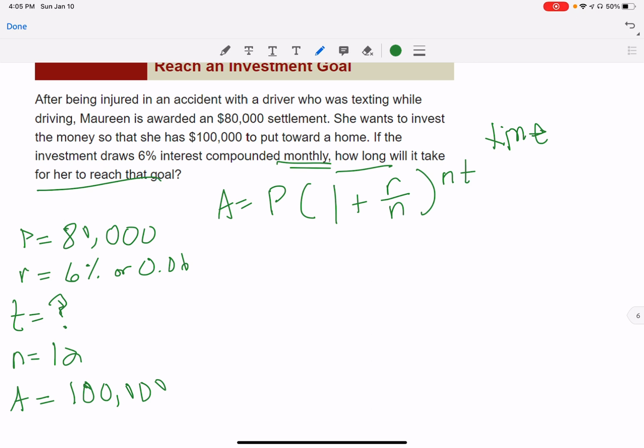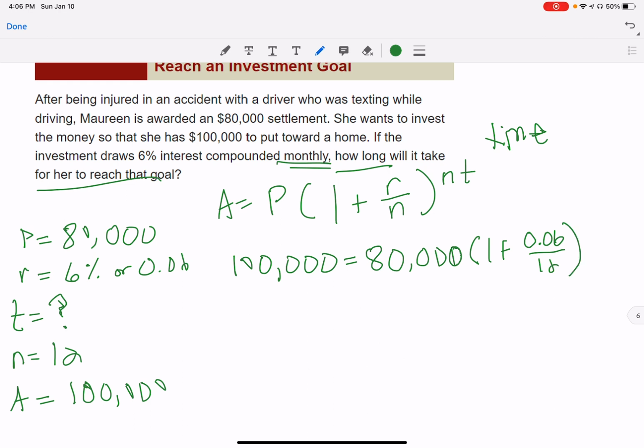All right. So we're going to plug in what we have. $100,000 equals 80,000 times (1 plus 0.06 over 12) to the 12t.